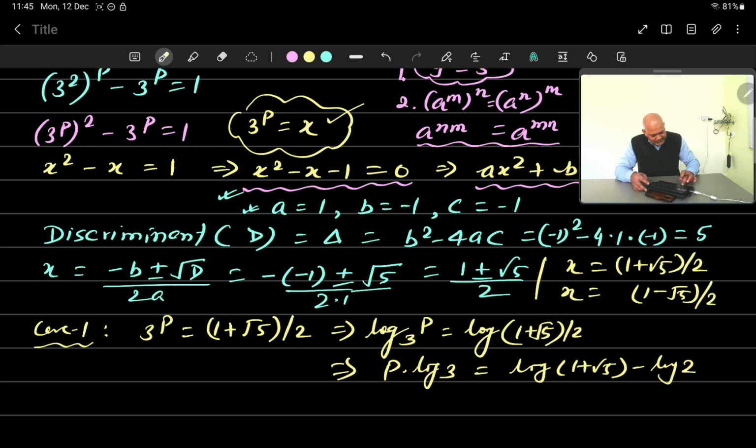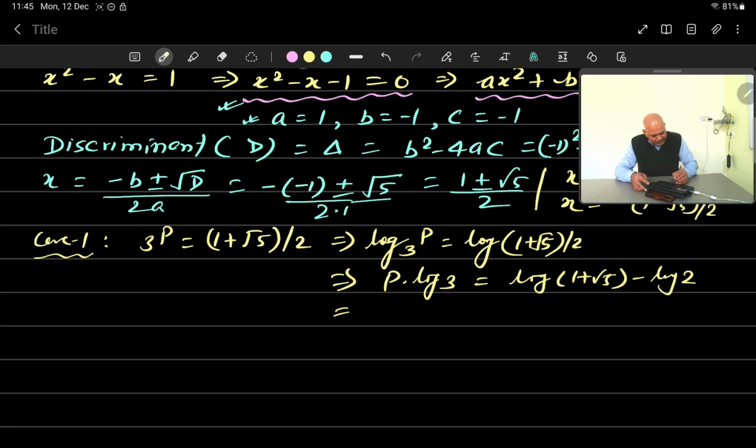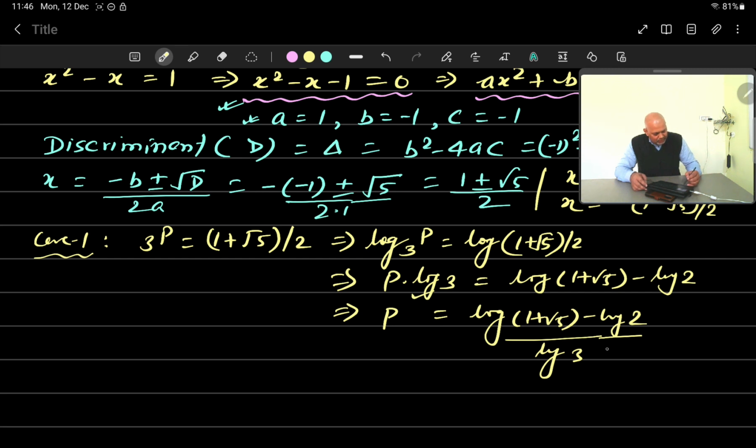So one of the values of p is p equals log of 1 plus root 5 minus log 2, whole divided by log 3, sorry, not root 3, log 3 only. This is the answer for p.